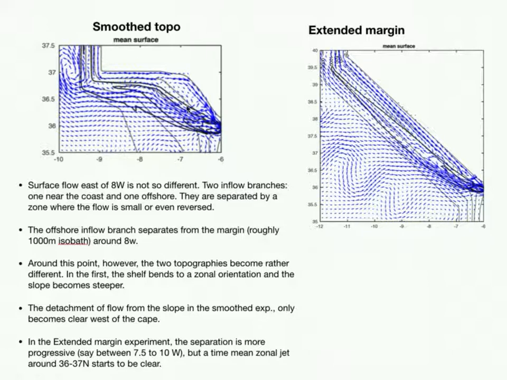But since the topography then is bending also around 8 West, it's not completely clear if this structure here is an offshore flow independent from topography, or it's somehow also associated with the flow that is being developed over topography.